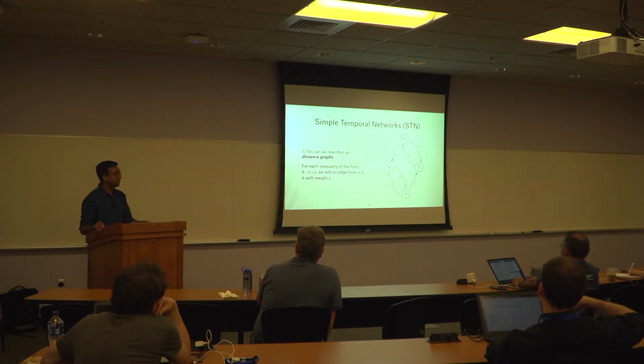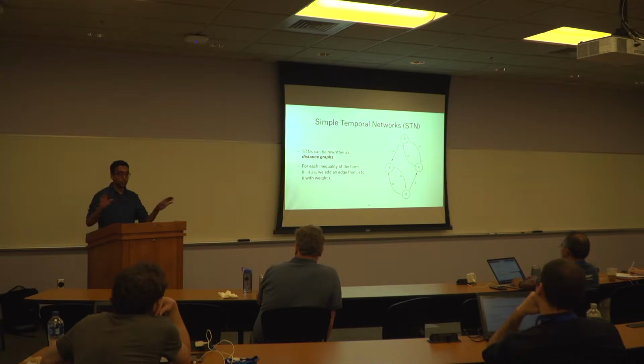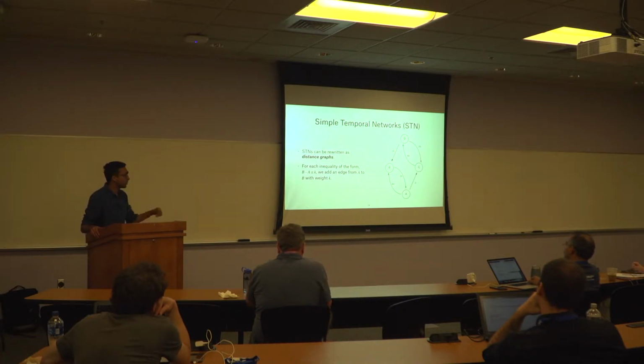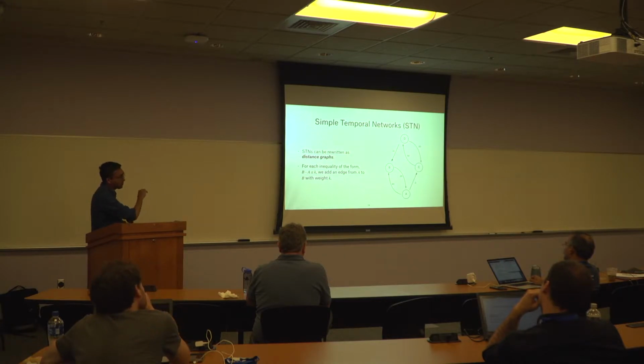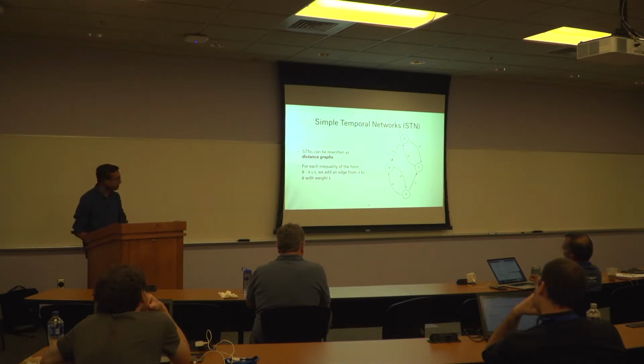We construct a graph where all the nodes are the time points, and all the edges are derived from these inequalities. So if we have b minus a is less than or equal to k, we create a new edge from a to b with weight k. For example, we had b minus a less than or equal to 40 in our previous example, and so we rewrite that as an edge from a to b with weight 40.